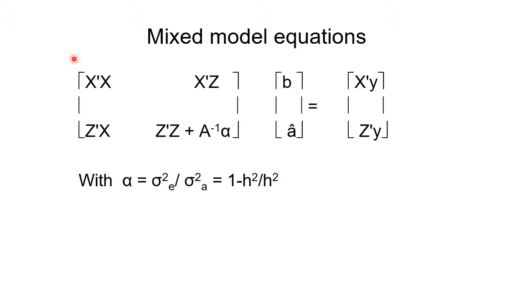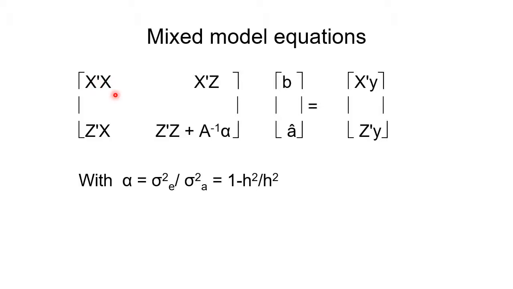Let's say we have 13 females. There will be a 13 in that very first element on the diagonal. The next element of the diagonal would be the number of male calves, and the next one the number of calves in herd 1, then herd 2, then herd 3.